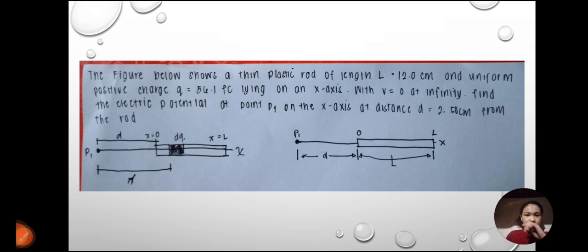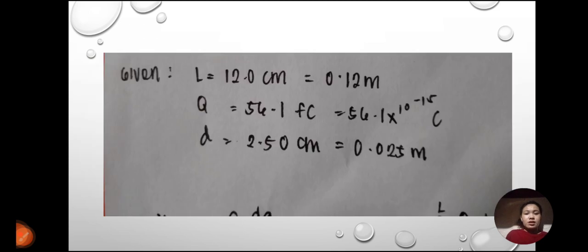Find the electric potential at point P1 on the x-axis at distance 2.50 cm from the rod. So given, the length of the rod is 12.0 cm, equivalent to 0.12 meter, and Q is equal to 56.1 fC, equivalent to 56.1 times 10 raised to negative 15 C. The distance is 2.50 cm, equivalent to 0.025 meters.